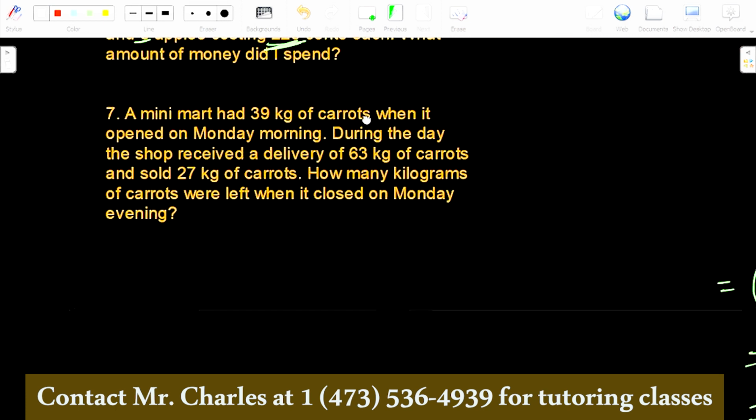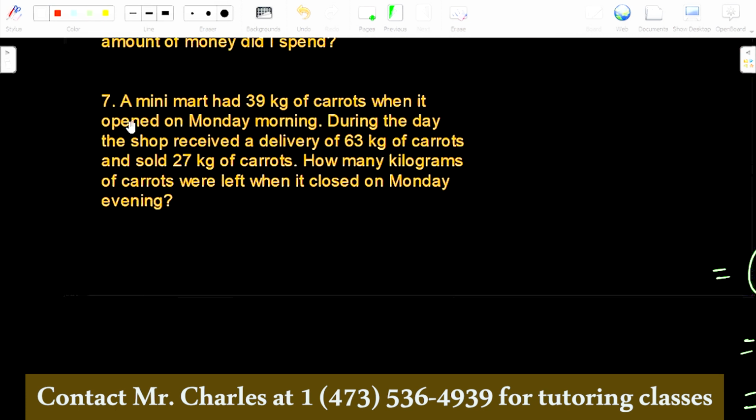Let's look at number 7. It says here a mini-mart had 39 kilograms of carrots when it opened on Monday morning.